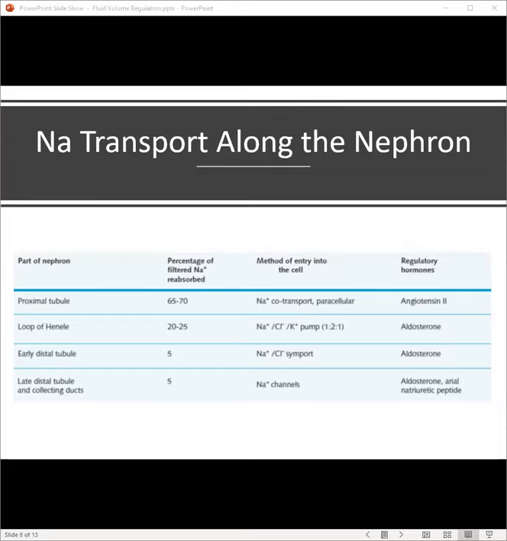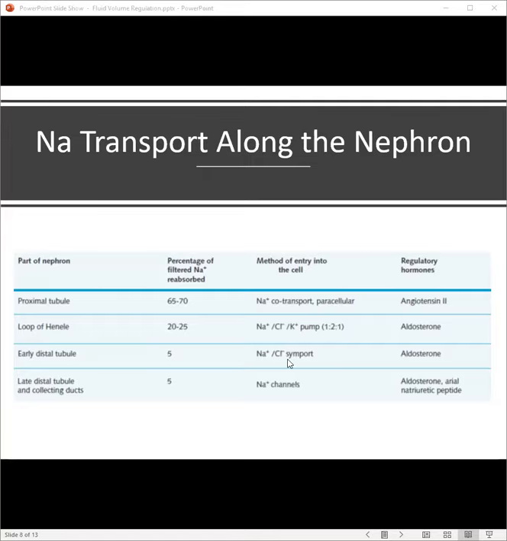It creates a huge difference in concentration between the different compartments along the tubule to drive passage of different electrolytes. The distal convoluted tubule reabsorbs only about 10% of filtered sodium, but this amount is adjustable and is important in the control of your body fluid volume.